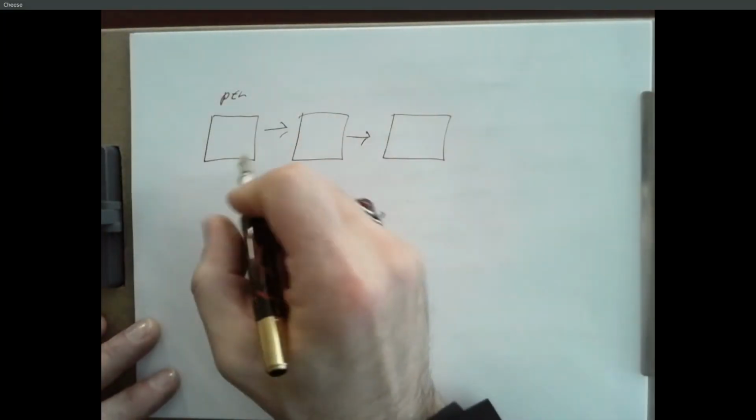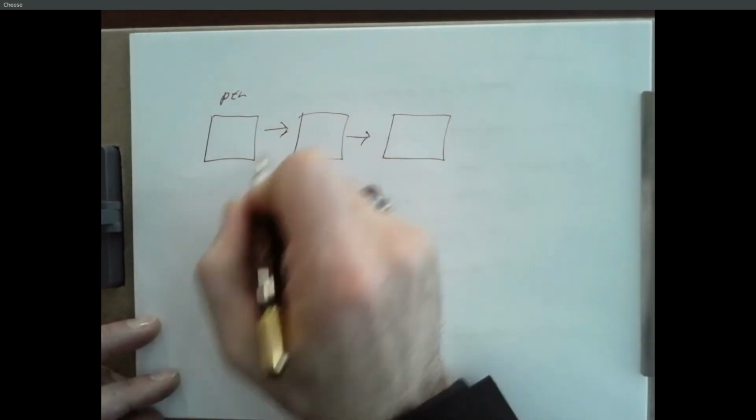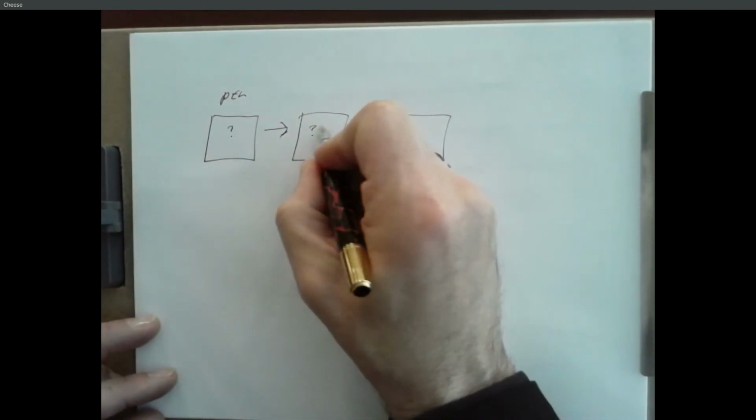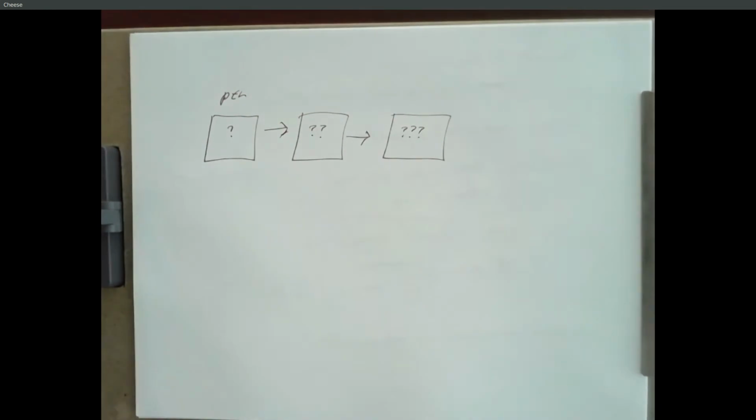And it looks like this. You don't need to know what the data inside here is, so I'll just put question marks, because the data in there doesn't affect us.